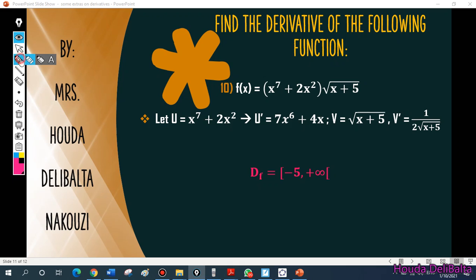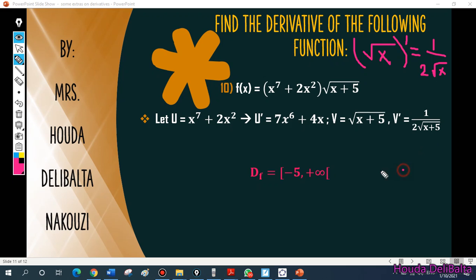Here there is a note that I have to mention: if I have a function that's equal to radical x, its derivative is 1 over 2 radical x. Similarly, if I have a function of the form radical x plus 5, its derivative is also 1 over 2 radical x plus 5.